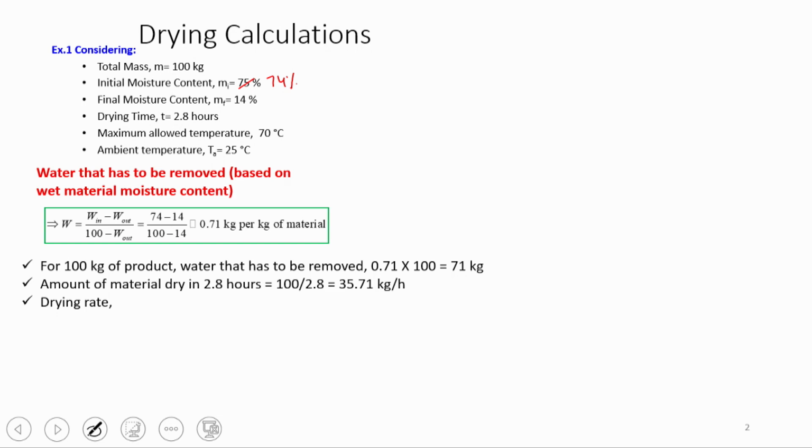And the amount of material dried in 2.8 hours: it will be 100 kg and the time is 2.8 hours, so it will be 35.71 kg per hour, right. So, how to find out this drying rate?